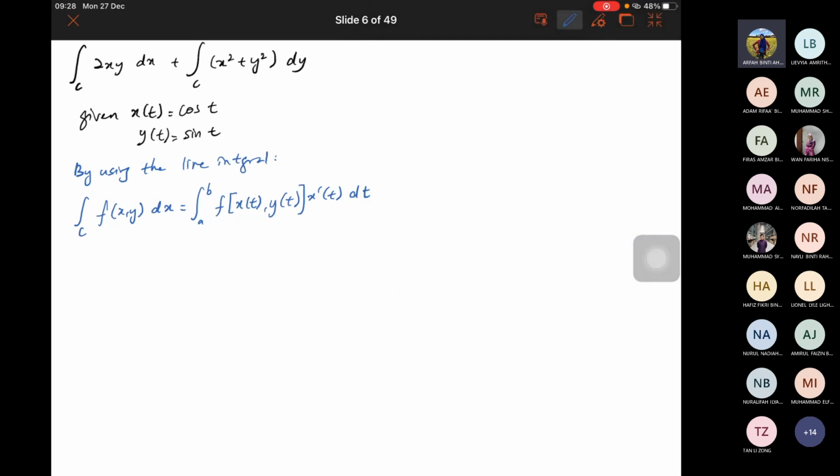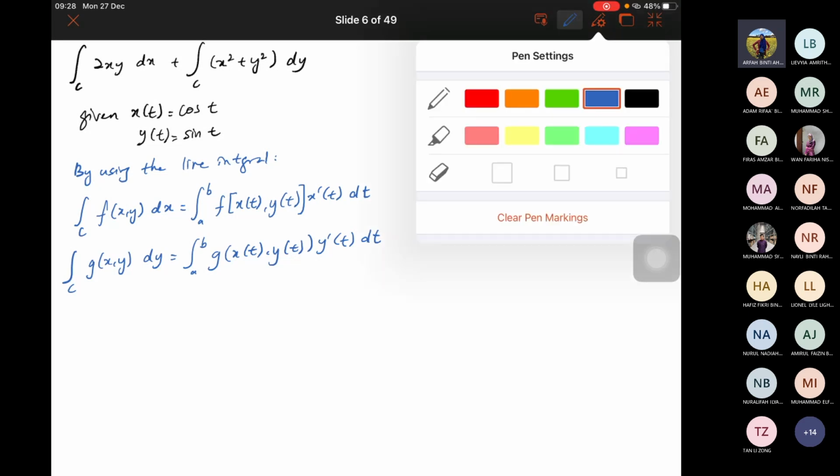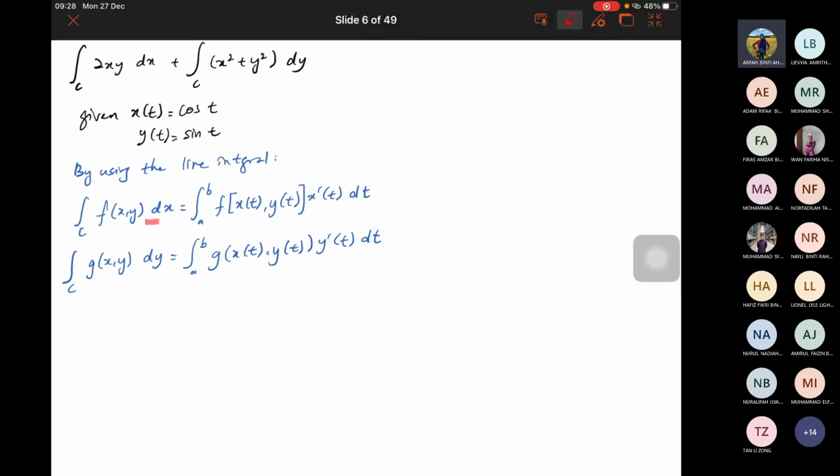And another one, we have integration over the curve C, g(x,y) dy equal to integration over a to b, g x of t, y of t, y prime t dt. So sesuaikan dengan soalan, you have this one as your dx, this is your dy. So this one will be your f of xy and this one will be your g of xy. Okay.